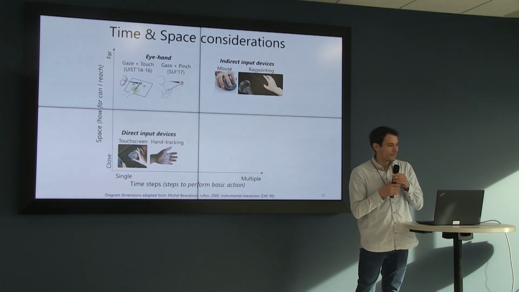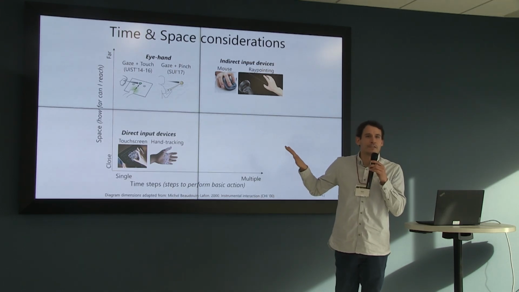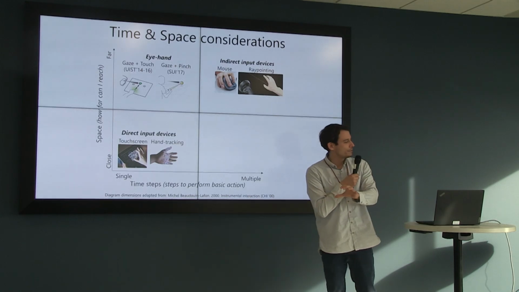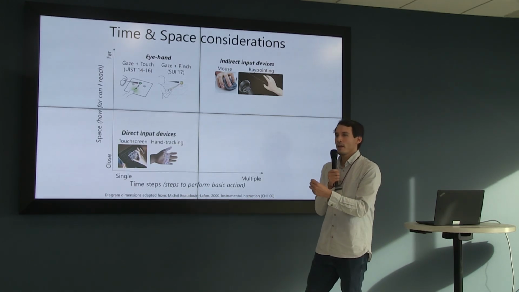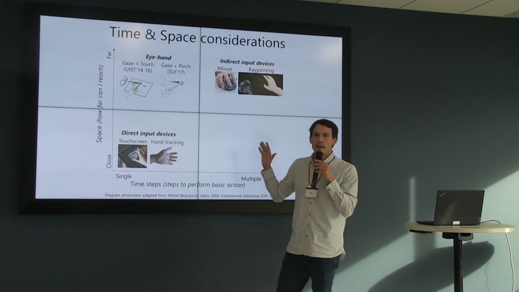This has implications on the temporal and spatial dimensions of input. The two-step approach means it takes a bit more time for every action, but the main benefit of indirect input is that you can work across distance.